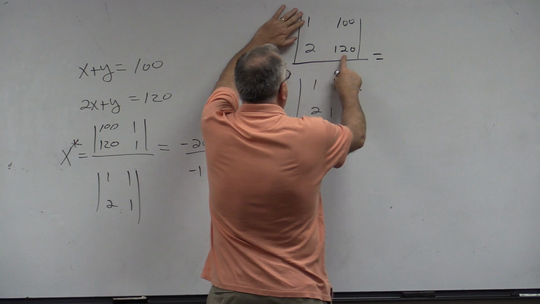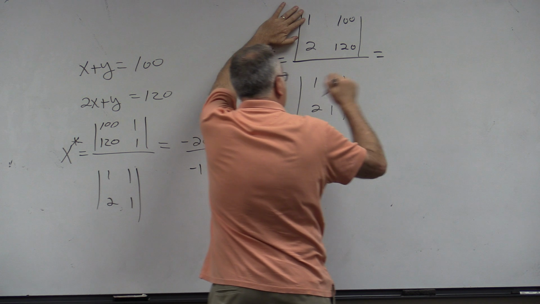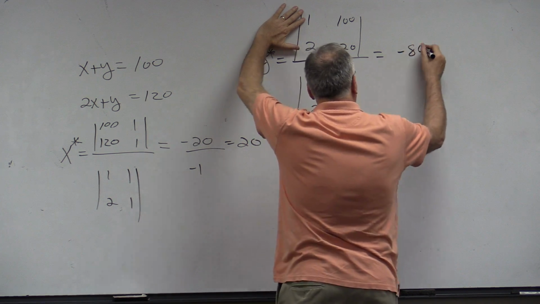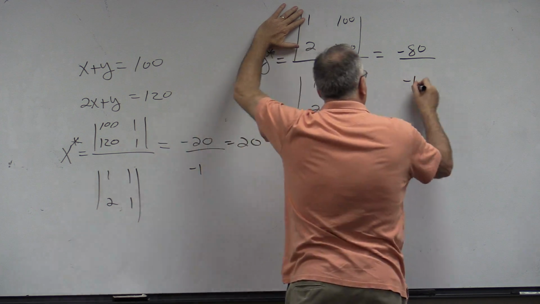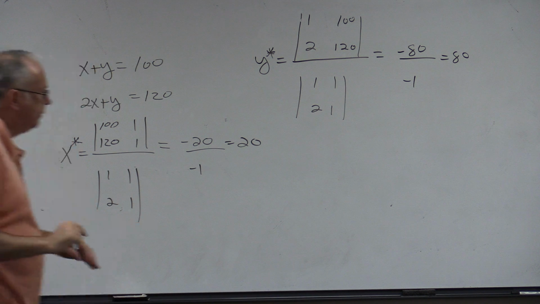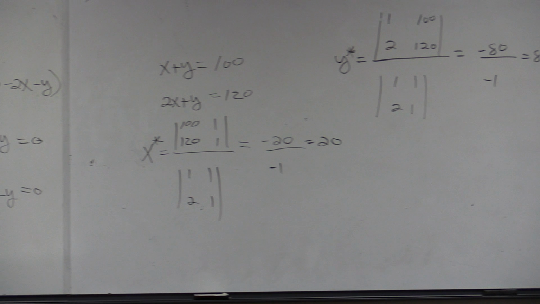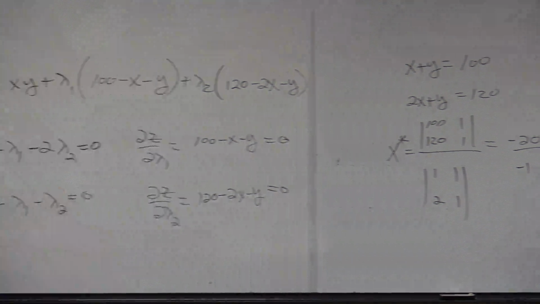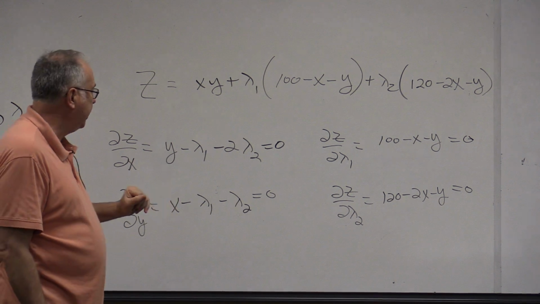We get 120 minus 200, what, minus 80? Okay, and down here we have minus 1, so it equals 80. Okay, good. We got positive values for x, positive values for y. That's consistent with these two assumptions, that these are equal to 0. Now we've got to worry about the lambda 1 and lambda 2, though. Got to make sure they're positive.